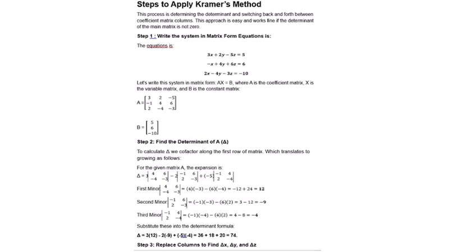Then we are going to calculate the first, second, and third minor by using the cross method, that is, multiplying crosswise and then subtracting. For example, in the first one, it multiplies 4 times minus 3, and 6 times minus 4, then subtracts them, and that gives us 12. It is the same in the second and third minor.